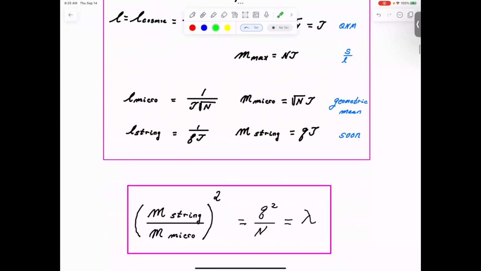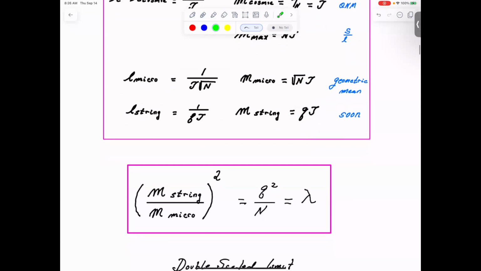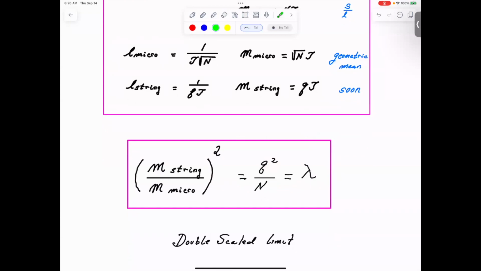Now let's look at the ratio of the string scale to the microscopic scale. This is the thing we would like to hold fixed. Square it. If you look up here at the microscale and the string scale, you will immediately find that the ratio is Q squared over N. And that's the lambda parameter of double-scaled SYK, Q squared over N. Holding fixed the ratio of the string to the microscopic scale is the double-scaled limit.